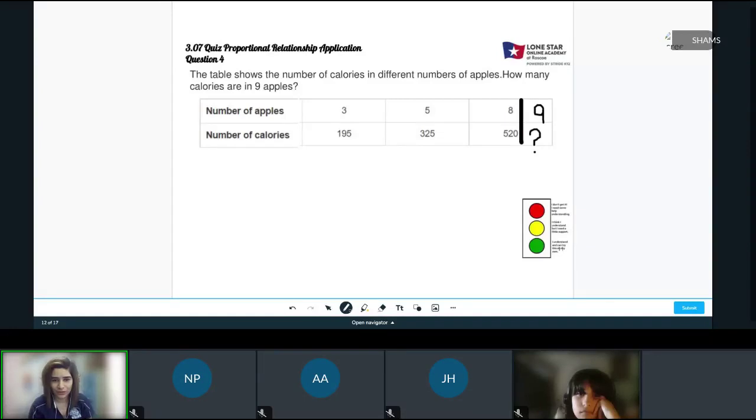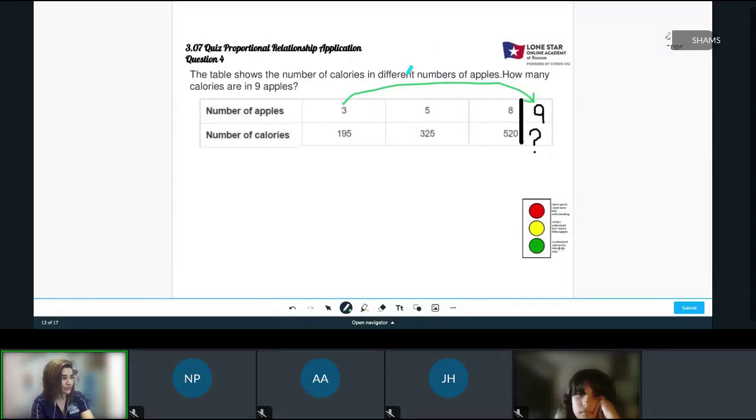You want to find for 9 apples, how many calories? Let's make some connections. You know for 3 apples, it is 195 calories. So in order to find for 9 apples, what are you doing, right?